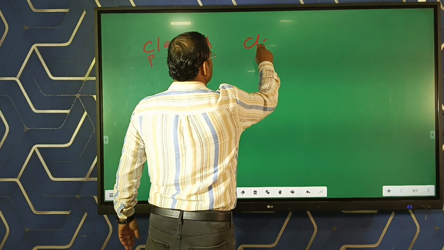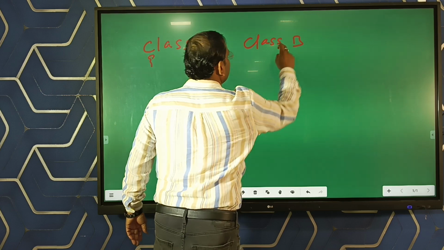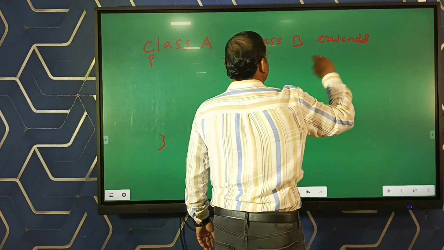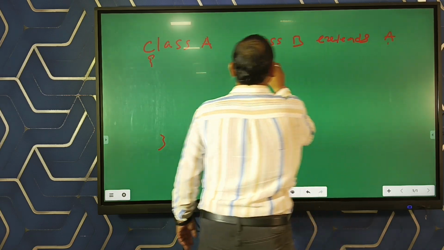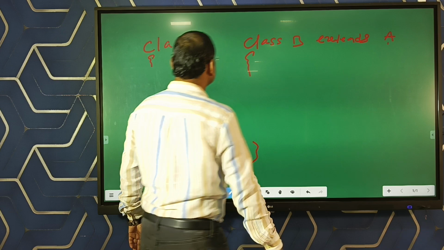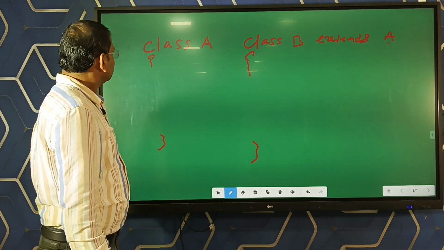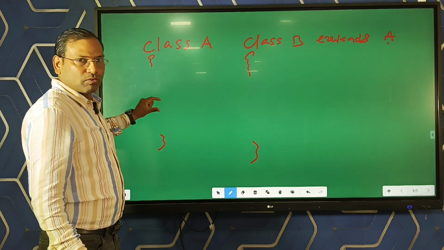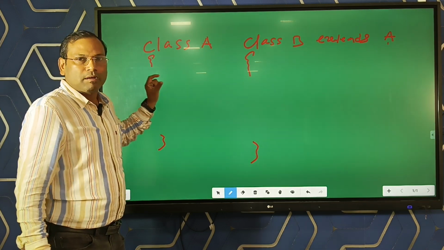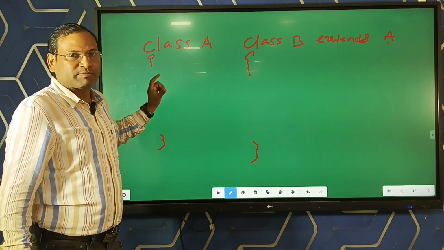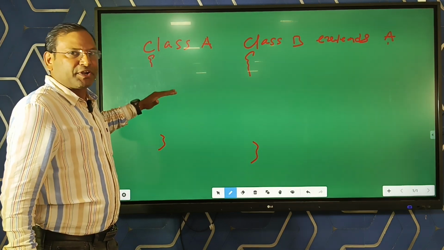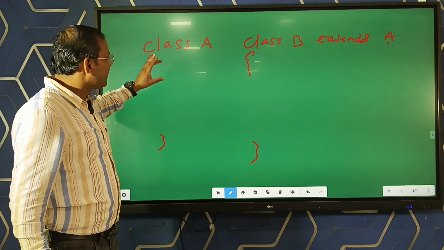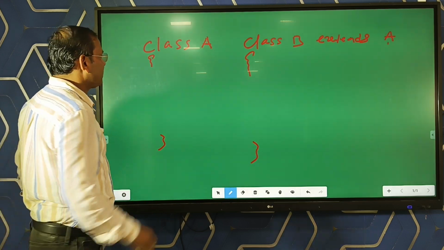You have to write here class B extends A. Here, this is a class. If you want to keep the properties or characteristics of a class, then we have to define those properties and characteristics in an existing class, right?